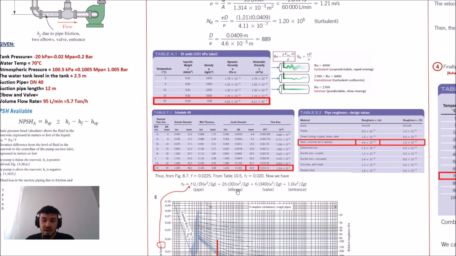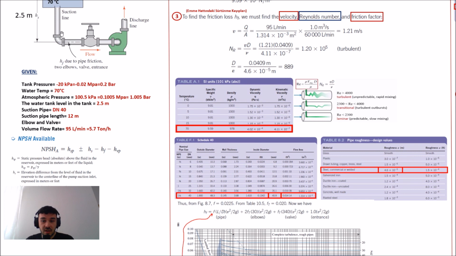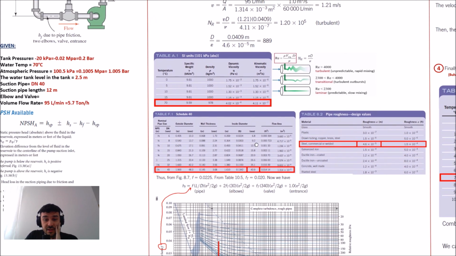And what about the elbows? For the elbows here. And what about the valve? We know the valve also, and the entrance. We have to calculate these points here. And we can write the common term, velocity squared divided by 2 multiplied by gravity.